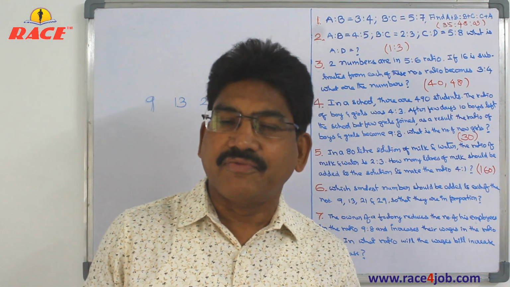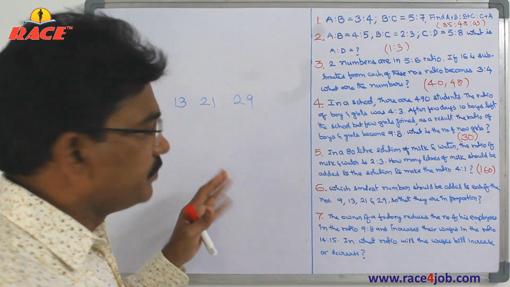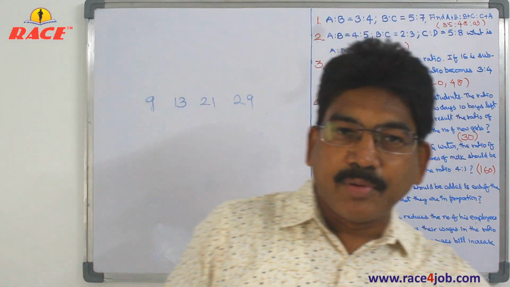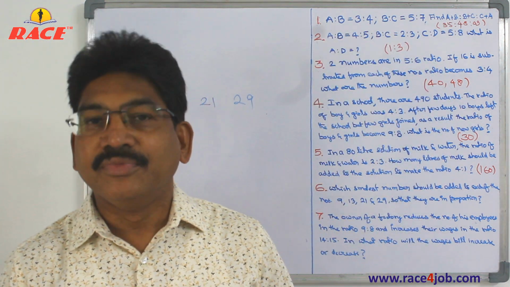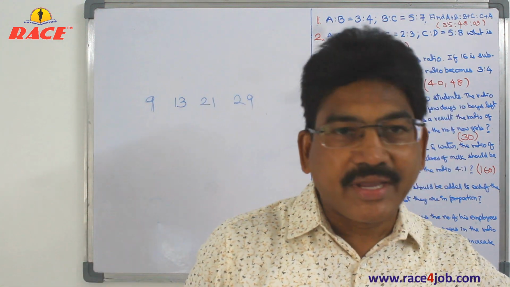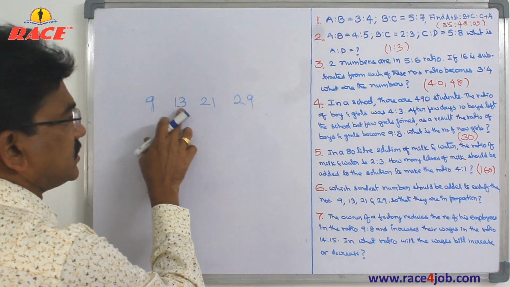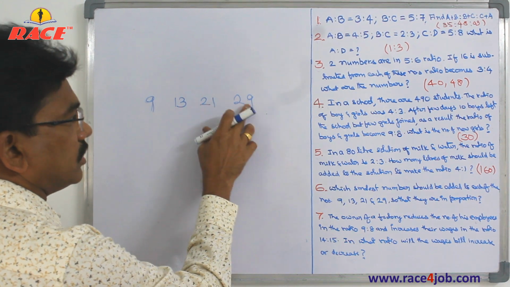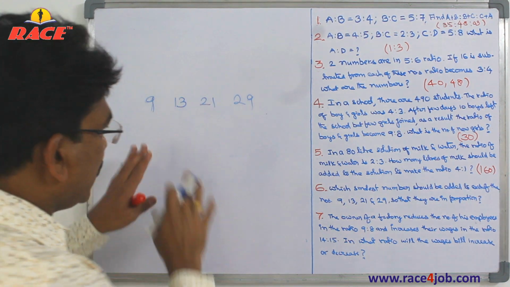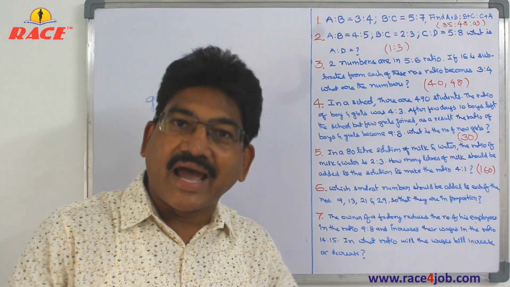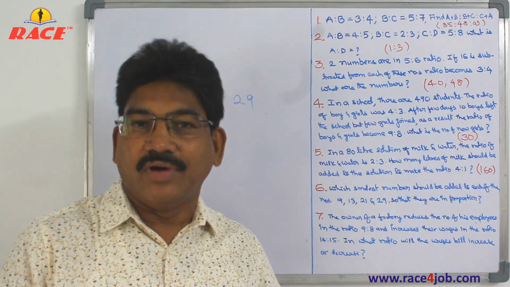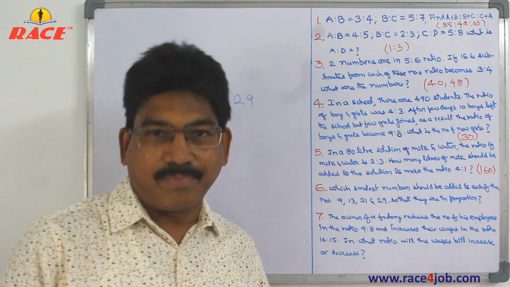Some number if we add to each of these terms, they make a proportion. Making proportion means, as I said, if ratios are equal, they make a proportion. So these numbers should make proportion means first term is to second term should equal third term is to fourth term. Now they are not a proportion. After adding some number to each one, they make a proportion.